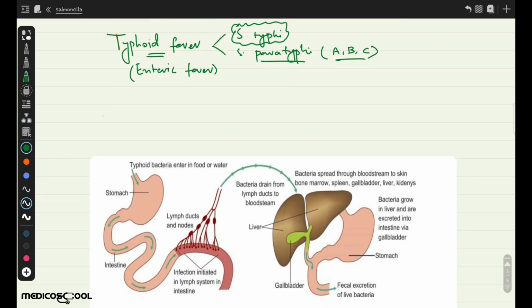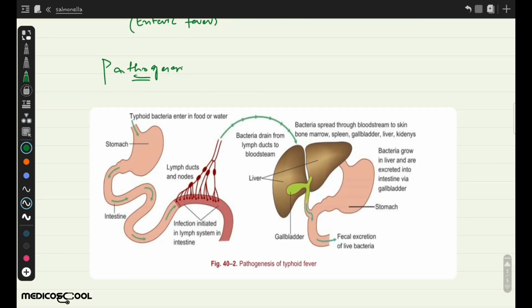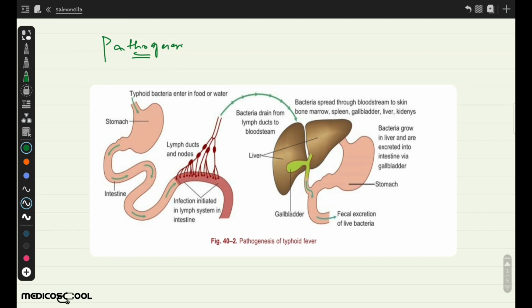Now, what is the pathogenesis behind the disease caused by Salmonella typhi and paratyphi? The first step is that they enter the stomach with the help of food and water contaminated with such bacteria. From the stomach they pass into the small intestine.